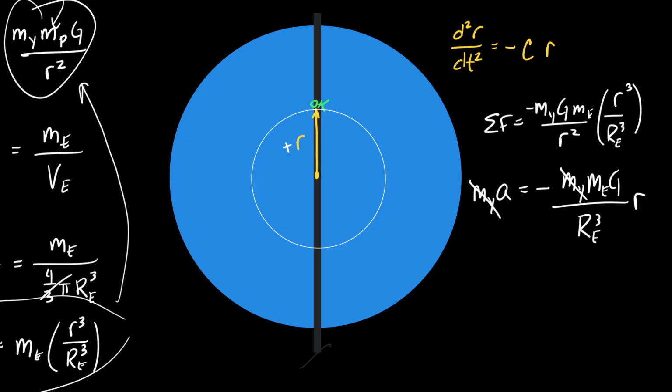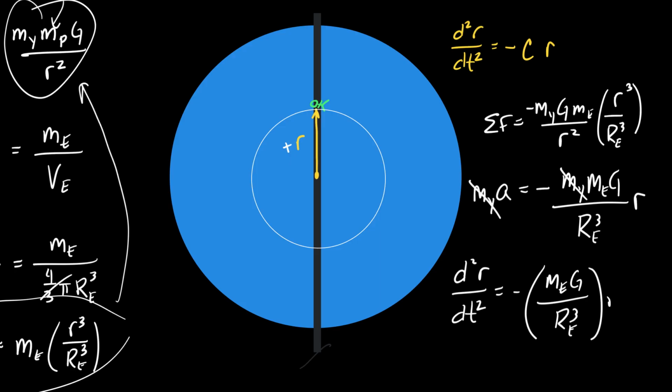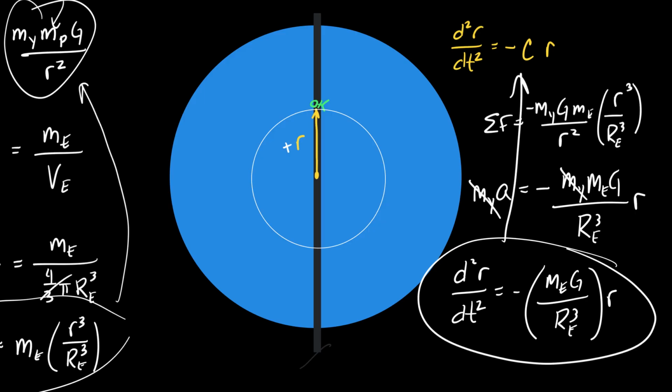And I'm going to replace a with d squared r over dt squared, which equals minus, and let's see, I have a collection of constants times r. Right, this is a second order differential equals a minus sign times a collection of constants times a displacement.